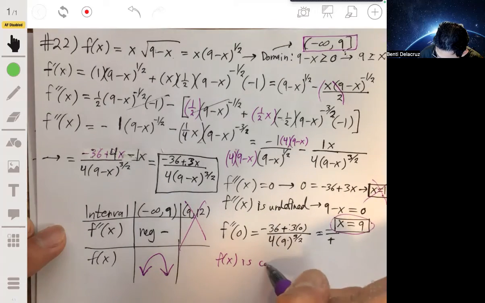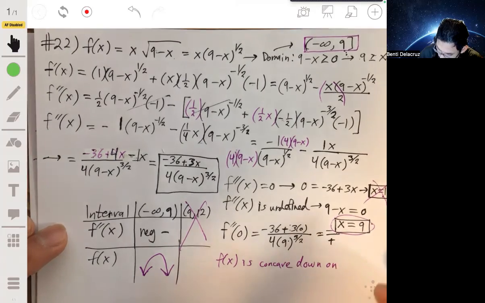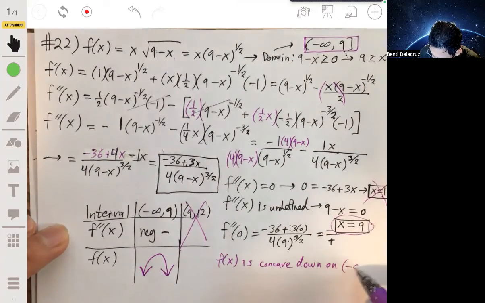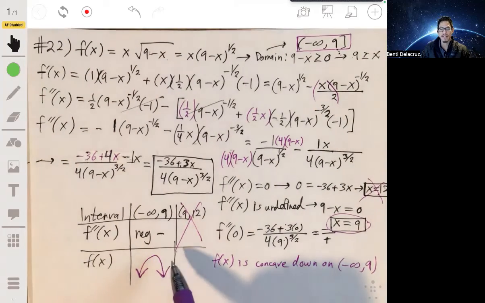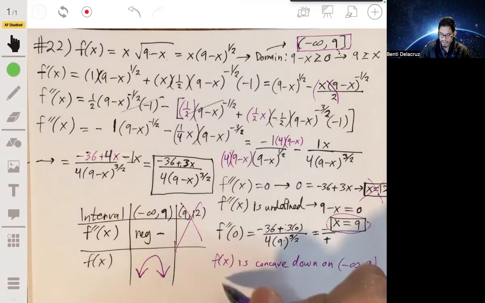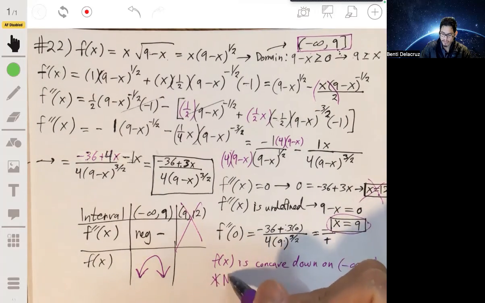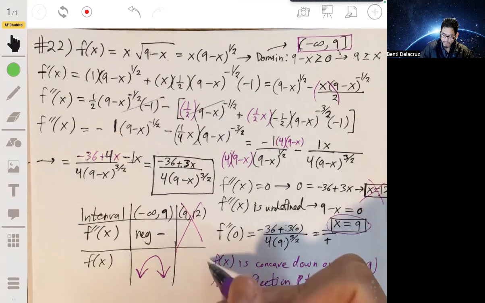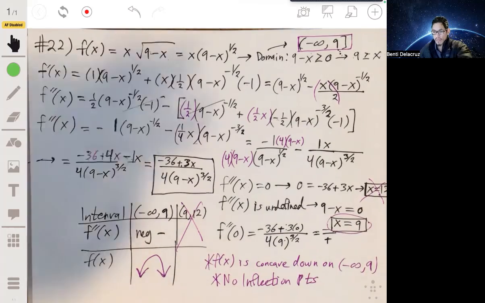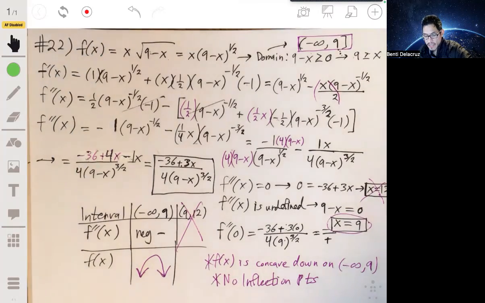Let's say f of x is concave down on negative infinity to 9. And that means if it's concave down, it doesn't ever change its concavity. So that means there are no inflection points. And that's it. That's all there is to it.